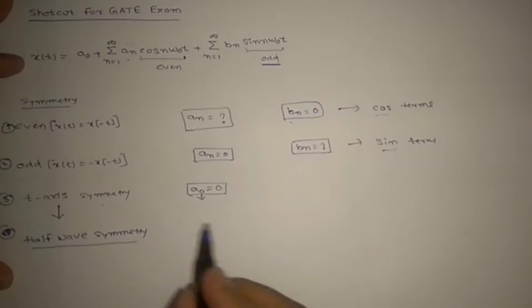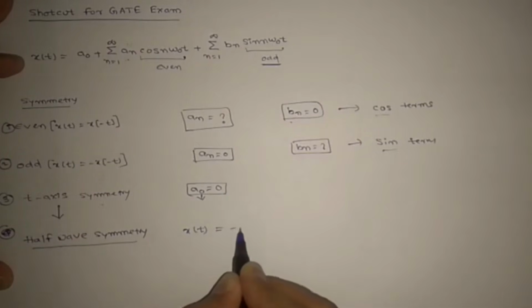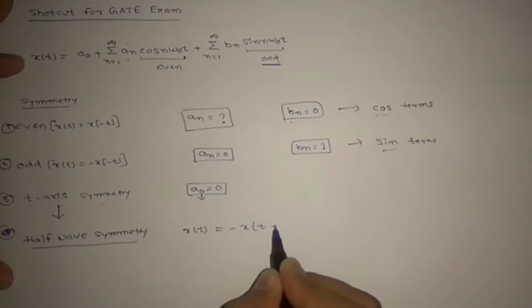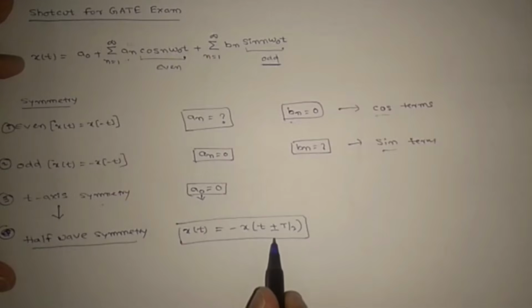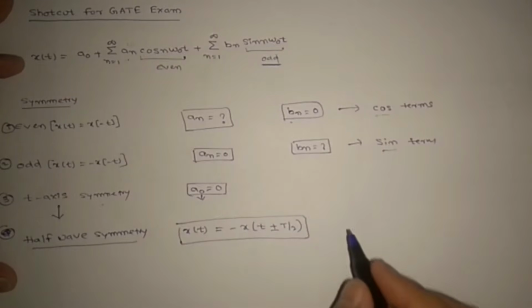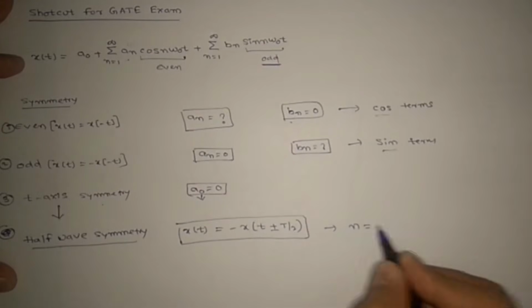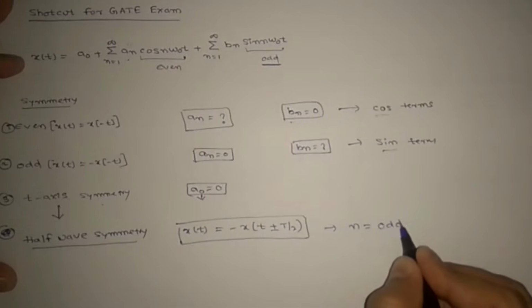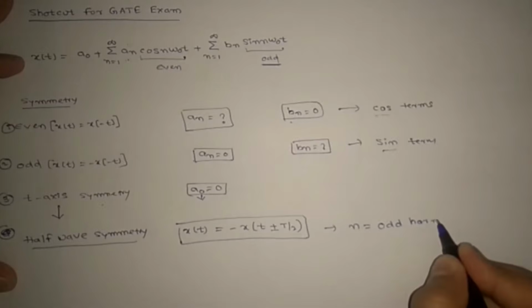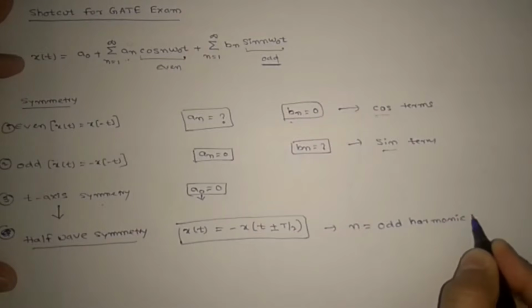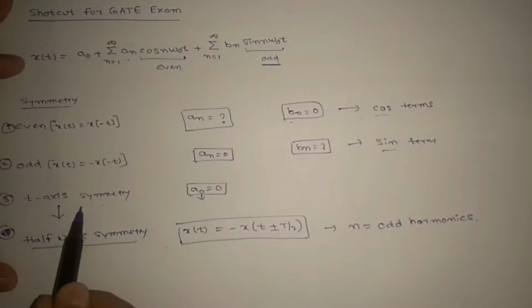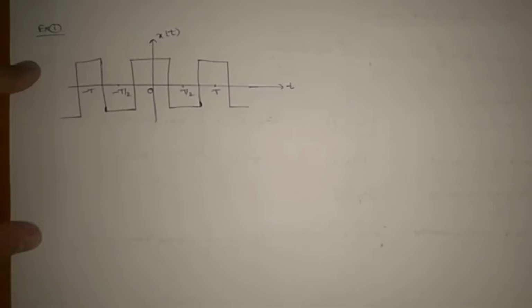The half wave symmetry condition is x of t equal to minus x of t plus or minus t by 2. If any waveform satisfies this condition, then in the final mathematical equation you will have odd harmonics. But before applying this, it should be t-axis symmetry. Clear? So let us see example 1.